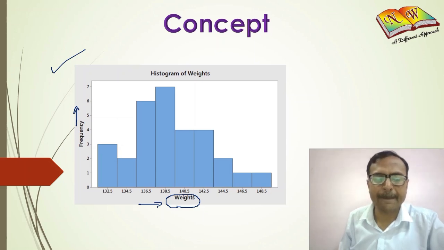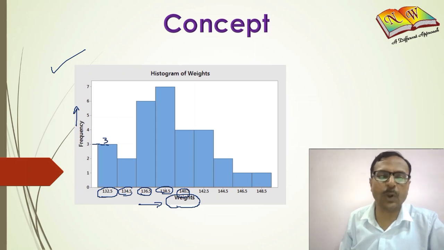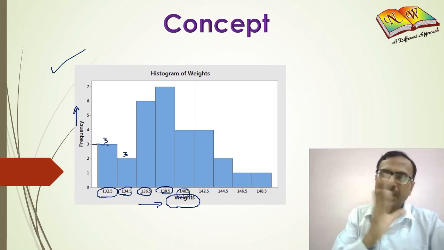So if you can see, this weight is for 3 students. Here it is 3. Likewise, the weight keeps on changing on the x-axis and the corresponding frequency is plotted along the y-axis. So the height of the rectangle actually is equal to the frequency.